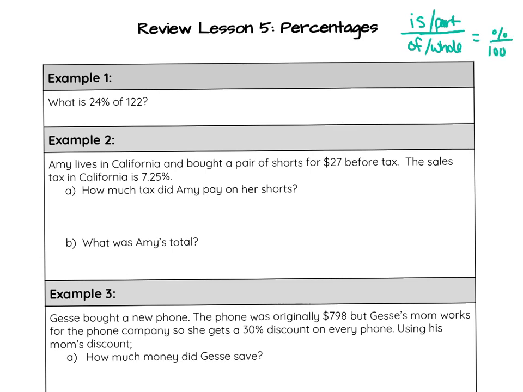So in this case, what is 24% of 122? We have a percentage, so that's going to go on top of 100, and this is of 122, so the of goes below.